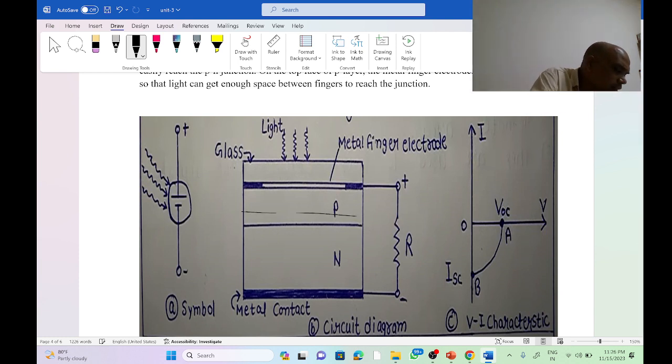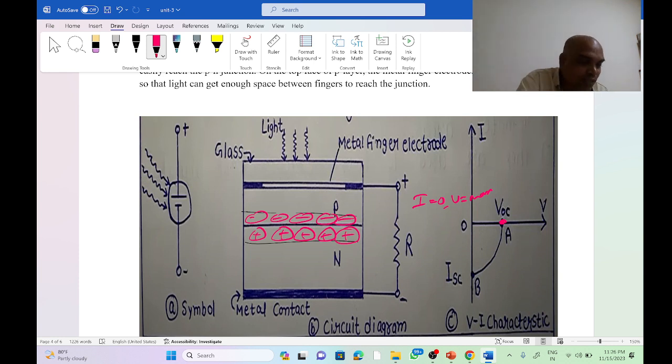The circuit is open, so the current is zero but the voltage is maximum. This is open circuit. Voltage is maximum but current is zero.